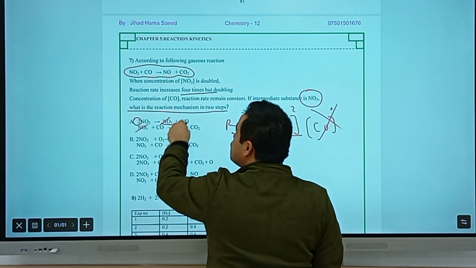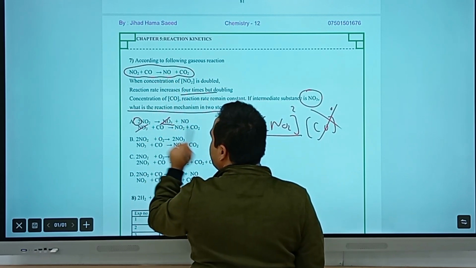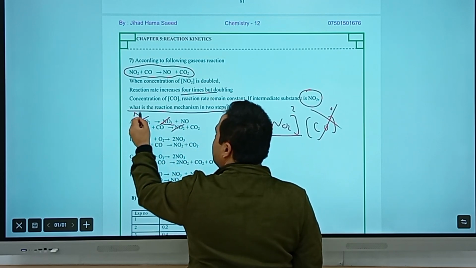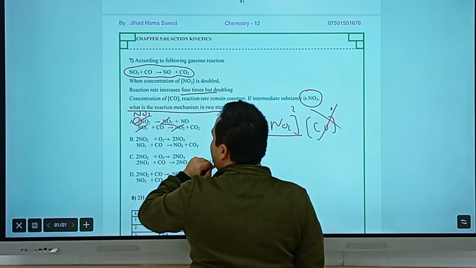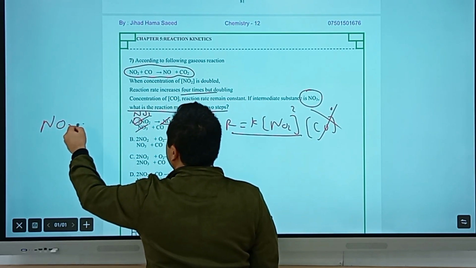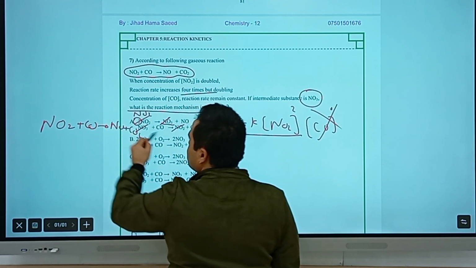But when we add these two steps, we have to get the above. Let us add: NO3 cancels out with NO3, and of 2 NO2, 1 NO2 remains. Let us rewrite the equation: NO2 plus CO will produce NO plus CO2.